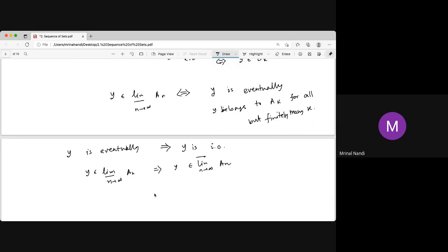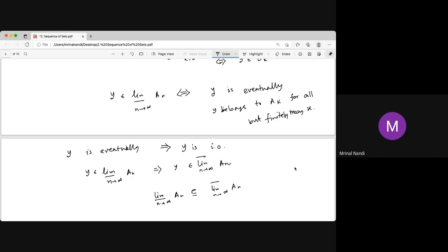What is the meaning? That meaning the lim inf is actually a subset of lim sup. So it is just a subset of this lim sup.